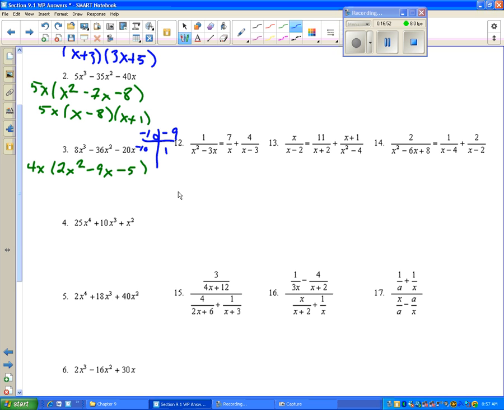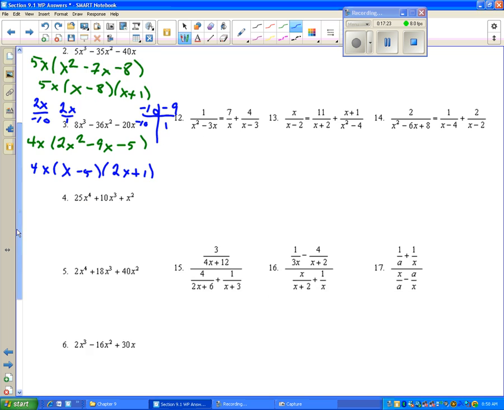So my factors then, let's use this space right here. This is going to be 2x over negative 10 and 2x over 1. This 2x over negative 10 is going to reduce to x minus 5. 2x over 1 is just 2x plus 1. If I FOIL out, I get 2x squared plus 1 minus 10x, which is minus 9x minus 5. This is factored.